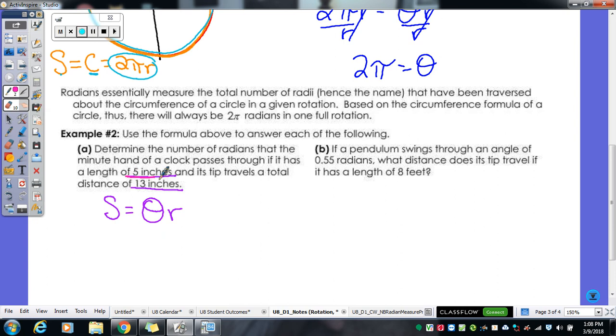So the 5 inches would be which letter of our formula? R. The length of the hand is 5. And then the very tip of that hand travels 13 inches. So what is that going to be? The S. So then we'll plug that into our formula. So 13 equals theta times 5, angle in radians.